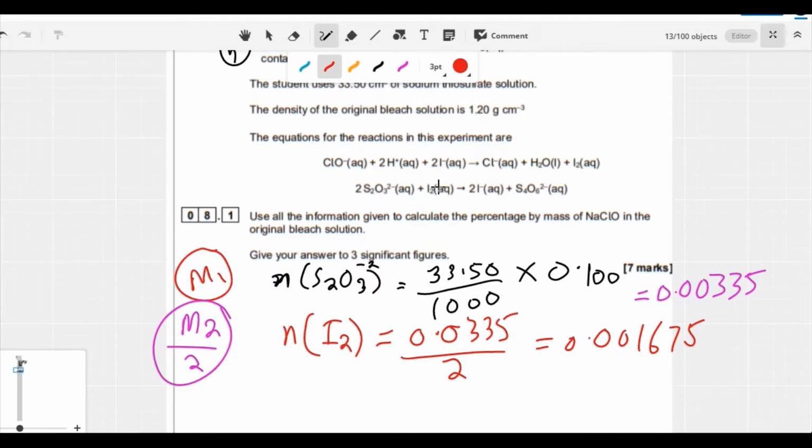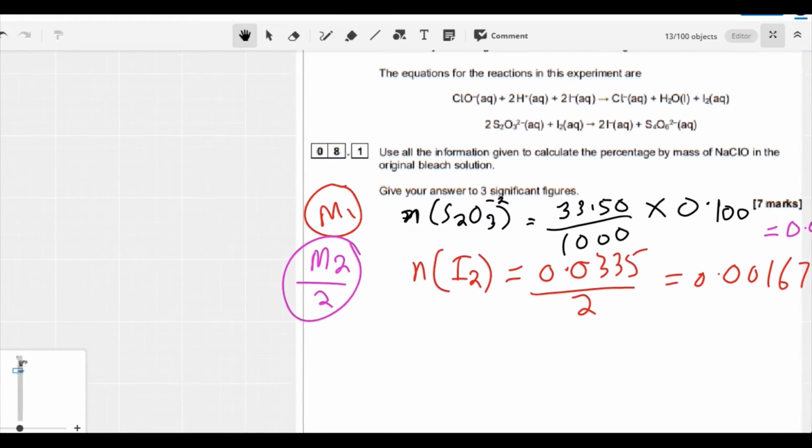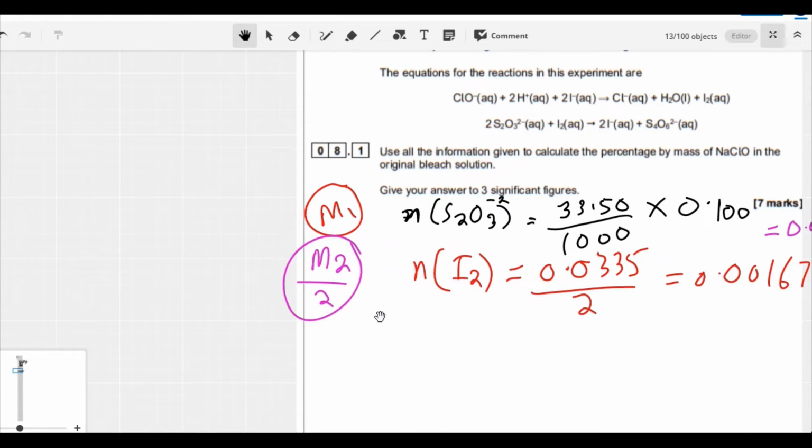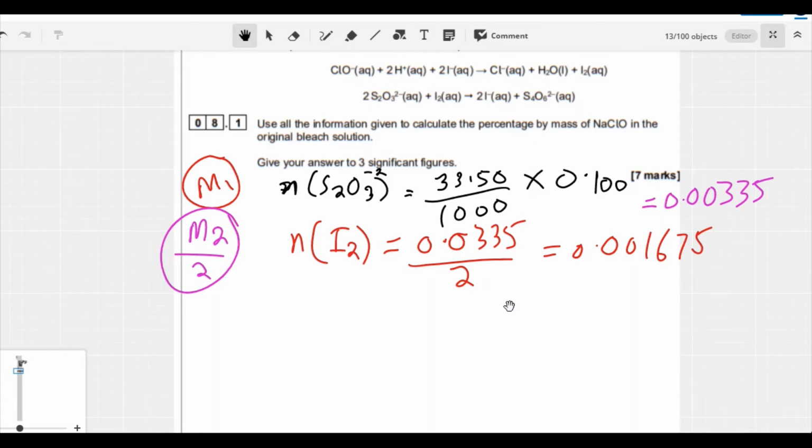Now the third step: we have to compare the iodine, or iodide ions, with chlorate. Here M3 will equal M2, so the moles of iodine and the moles of chlorate will be equal to each other, because the ratio is 1:1.